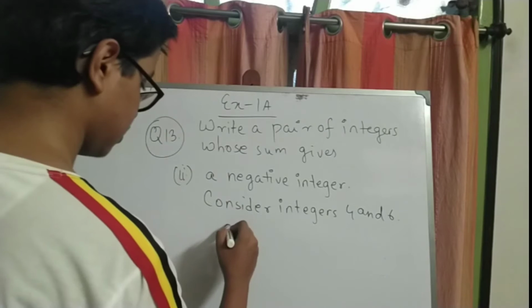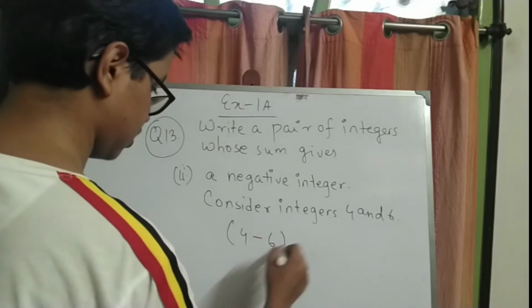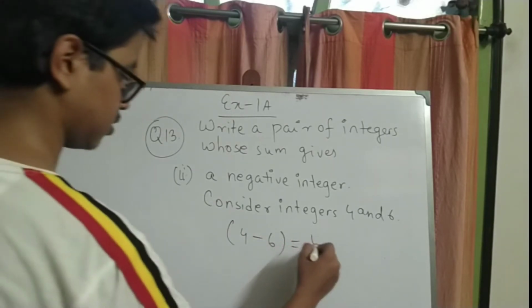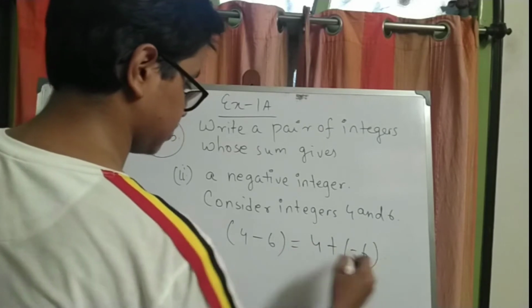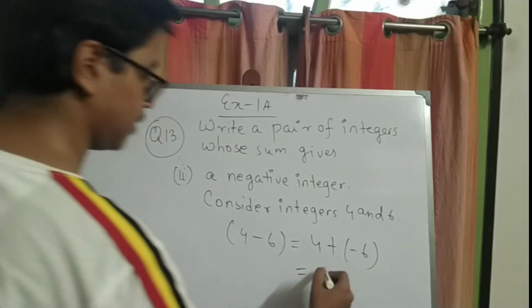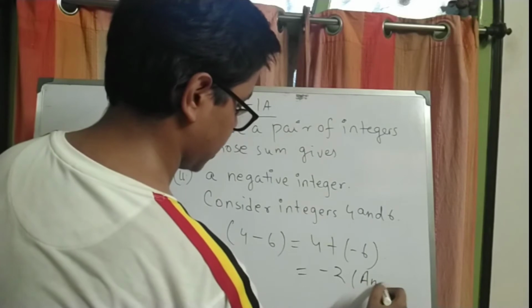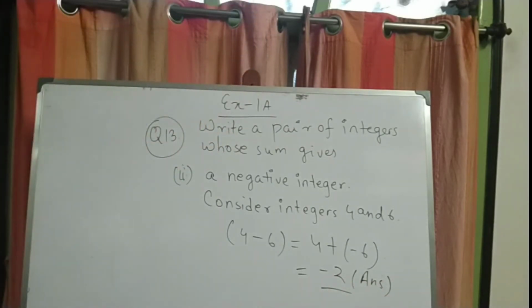Then clearly, if I do subtraction, 4 minus 6, or I can write like this, 4 plus minus 6 in bracket, I will get minus 2. So minus 2 is a negative integer. So a negative integer, if I take 4 and 6, and if I subtract it, I will get minus 2.